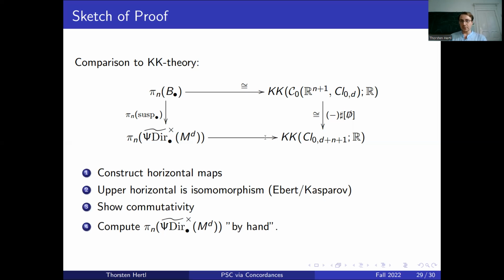And now you have a commutative diagram where 3 out of 4 morphisms are isomorphisms. So the last morphism must also be an isomorphism, which concludes that the operator theoretic suspension is an isomorphism.